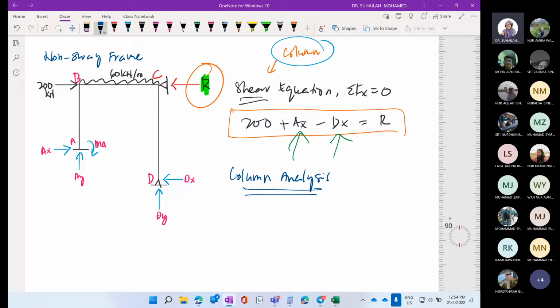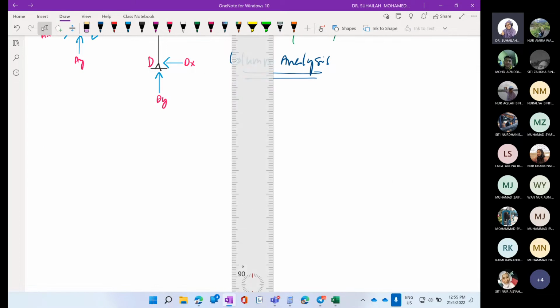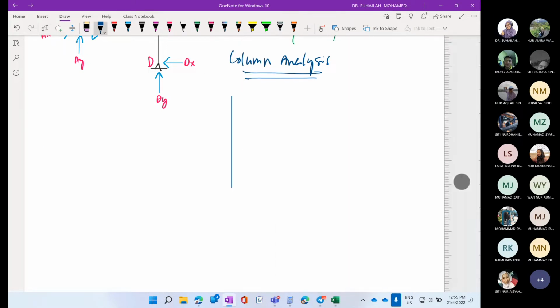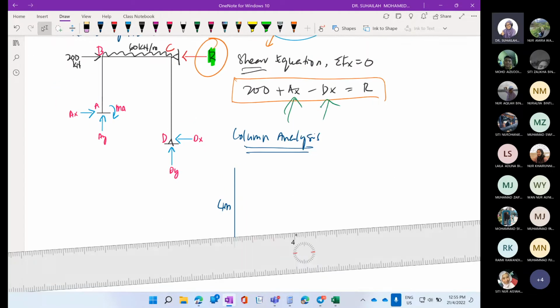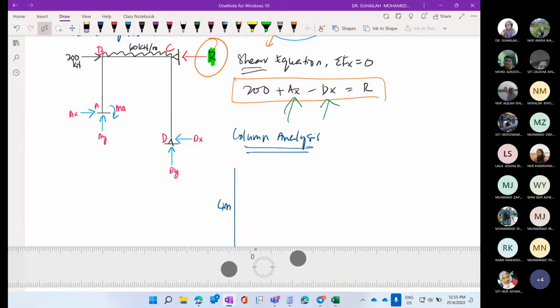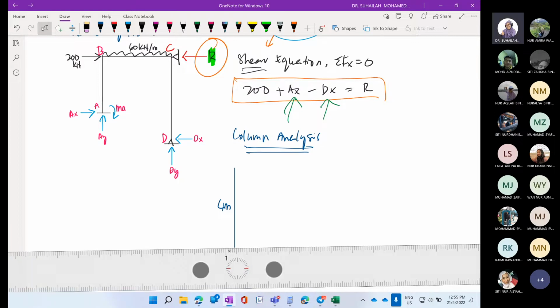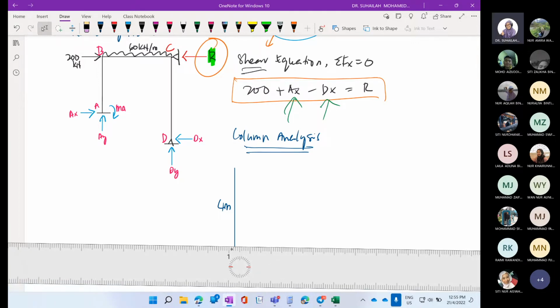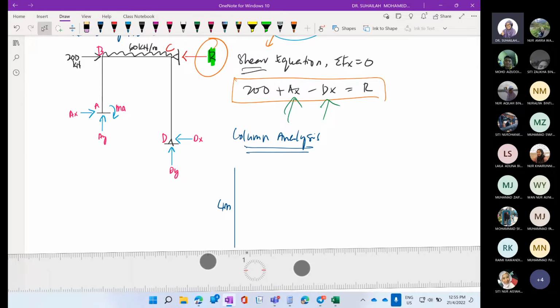For column AB, it is 4 meters in length. For column AB, draw back AX. Only AX is included; AY does not make any difference because we will be taking moments later.